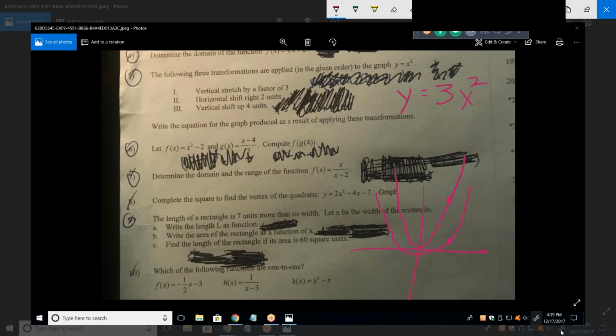The effect is to make it skinnier. But stretches, when they're vertical, these numbers have to be greater than 1. Horizontal is the opposite. If this was a horizontal stretch factor, then it would be a shrinking, not an expansion.